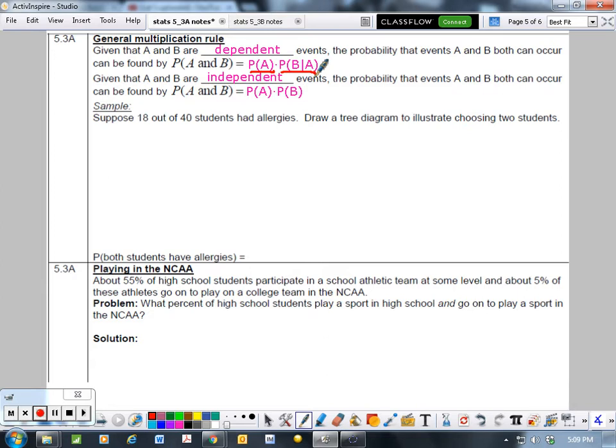Now, this is a conditional probability, and we've talked about how to calculate a conditional probability. And so if A and B are independent, then we can just go ahead and multiply the two probabilities. Because remember, if they're independent, this value is exactly the same as this value using that independent rule.